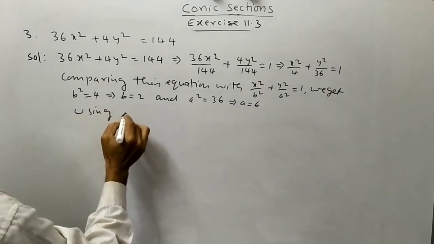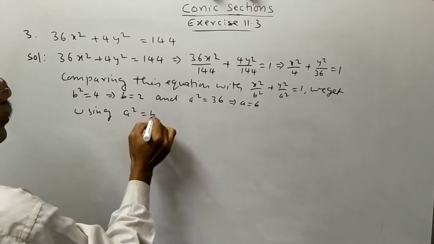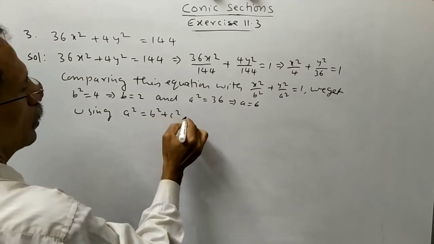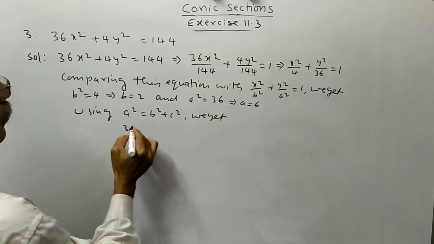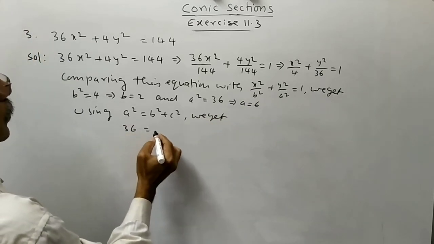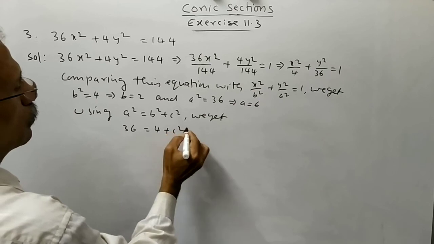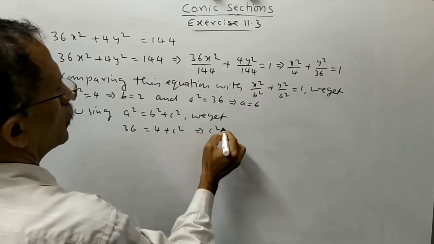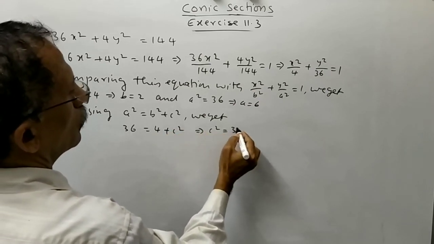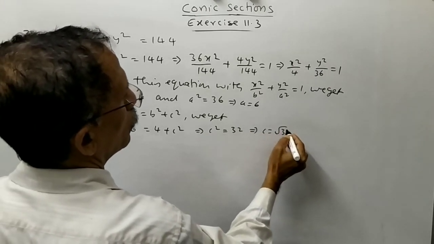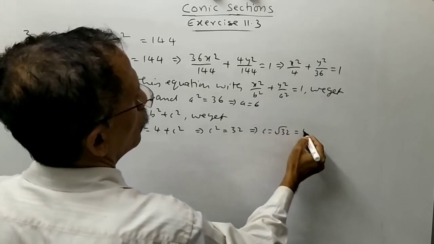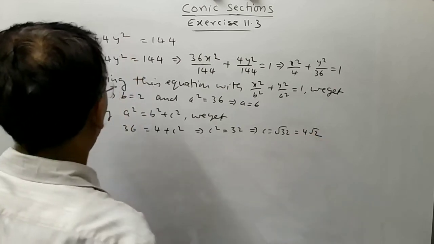Using a square is equal to b square plus c square, we get 36 is equal to 4 plus c square. This implies c square is equal to 32, implies c is equal to root 32 is equal to 4 root 2.